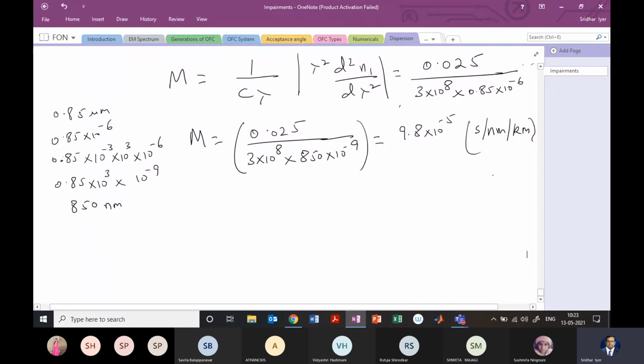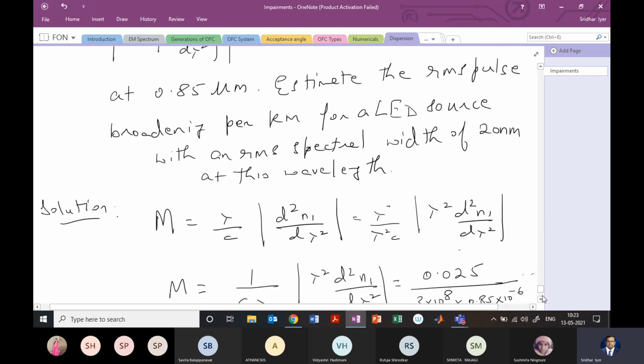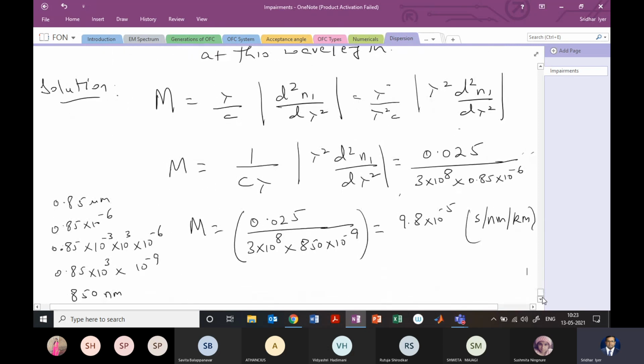The next question is, let me scroll up. Next question is, estimate the RMS pulse broadening considering LED source with the spectral width of 20 nanometer, right? So for this also we can use the standard equation.